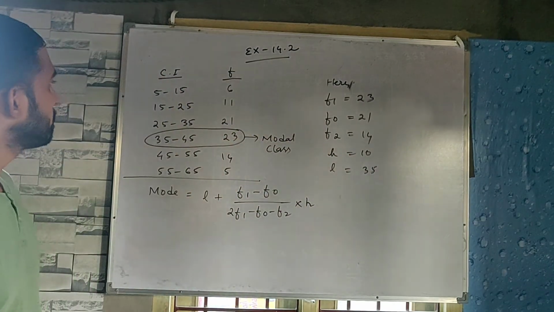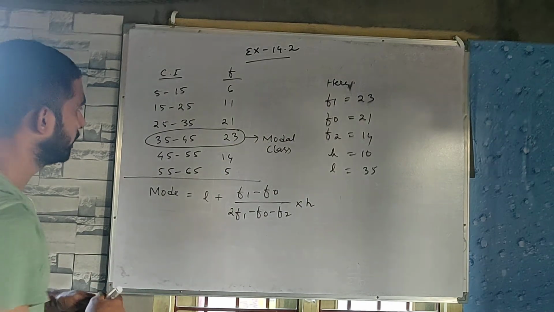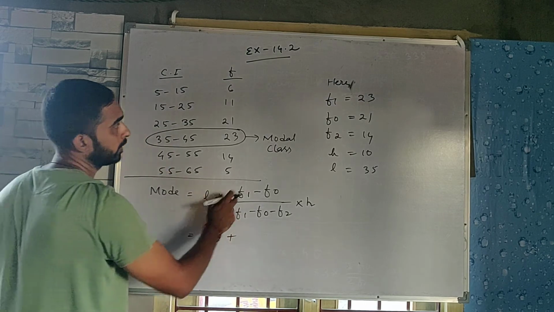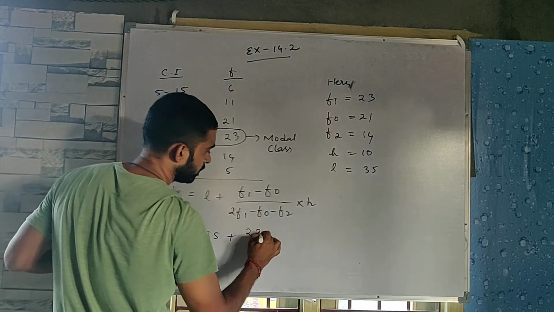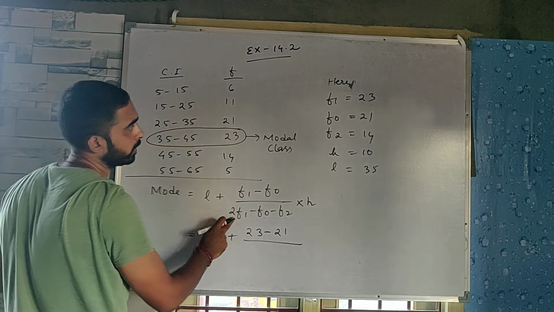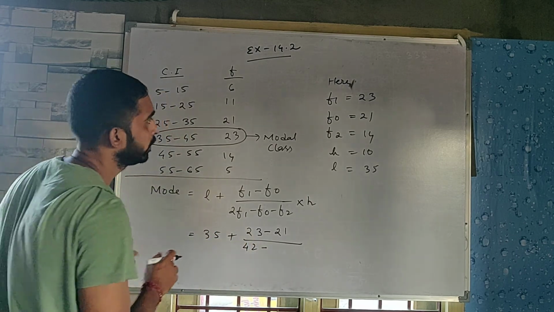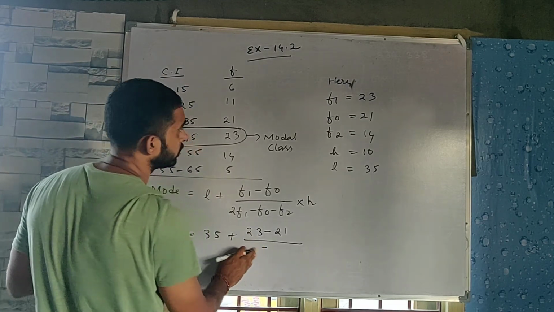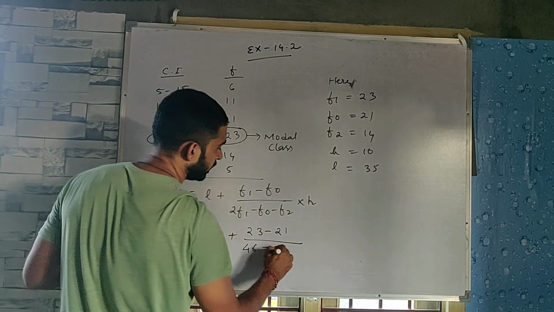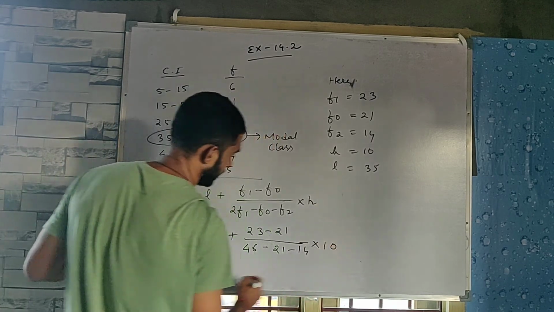Replace the values here. 35 plus (23 minus 21) by (2 into 23, which is 46, minus 21 minus 14) into h, which is 10.